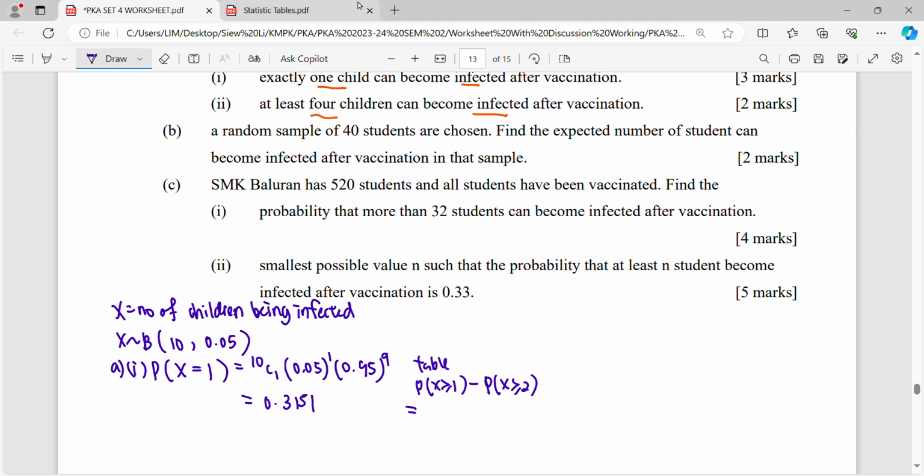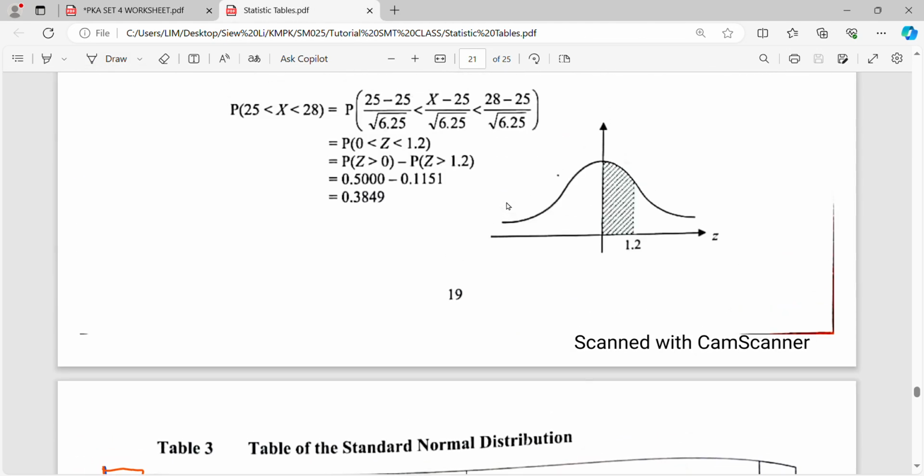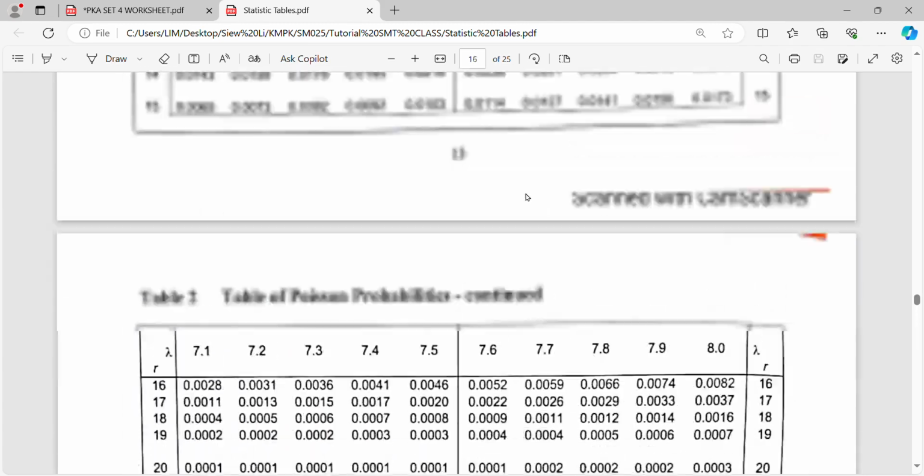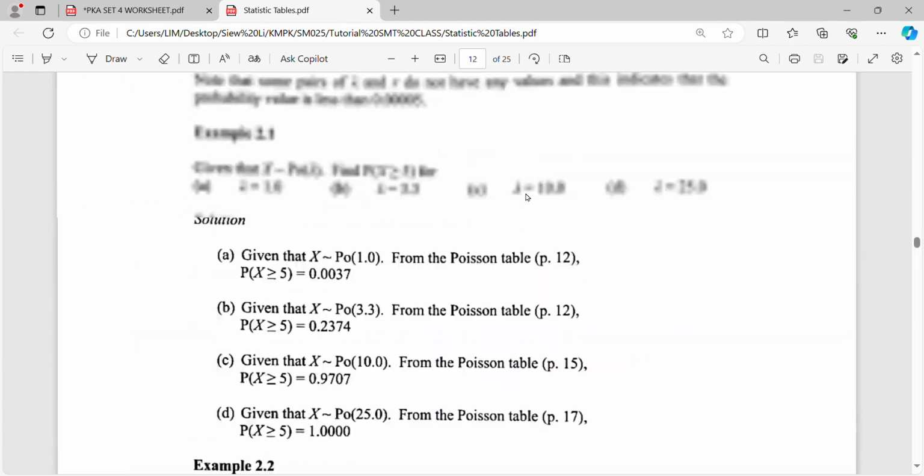So your table with the sample 10, 0.01, 0.05.